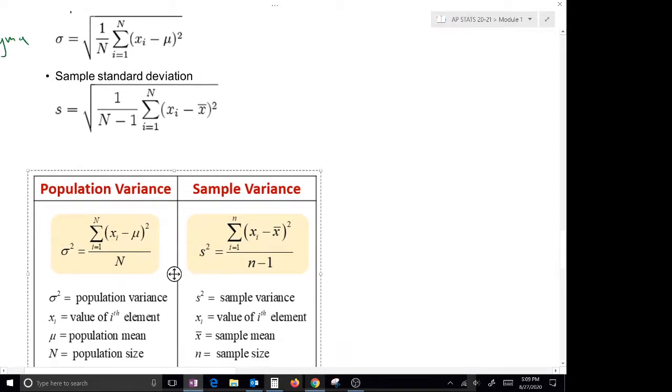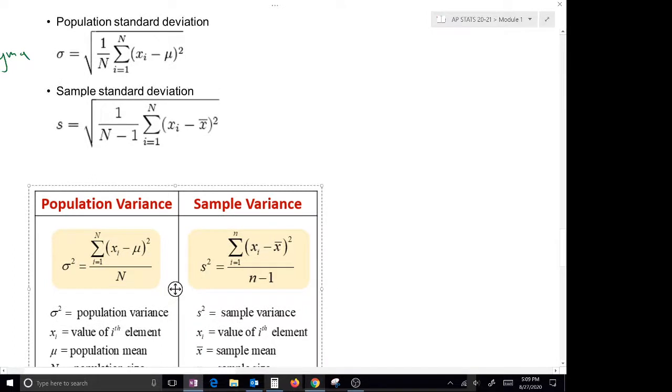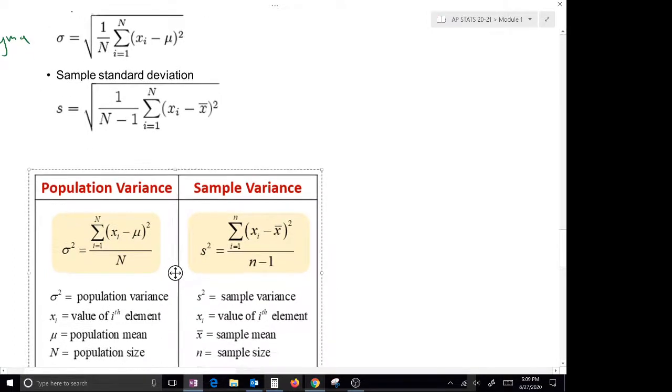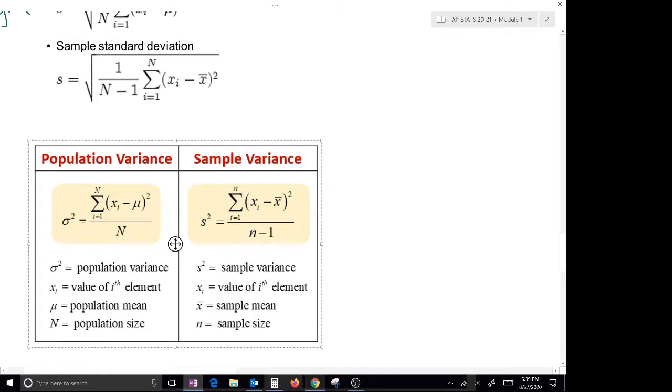So why does the sample standard deviation have n minus 1? The same thing applies in the variance. After we take the average of the squared deviations, why do we divide by n minus 1 on the sample size? In other words, we're dividing by one less than our total count.